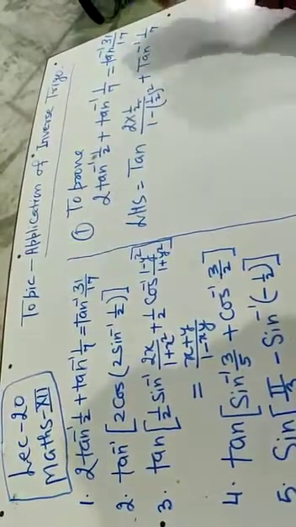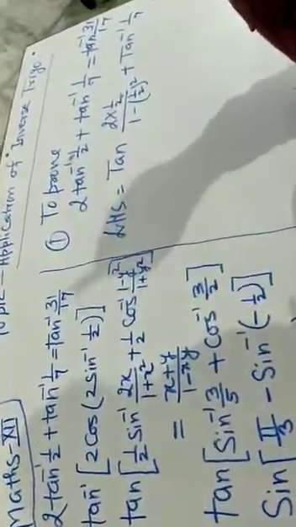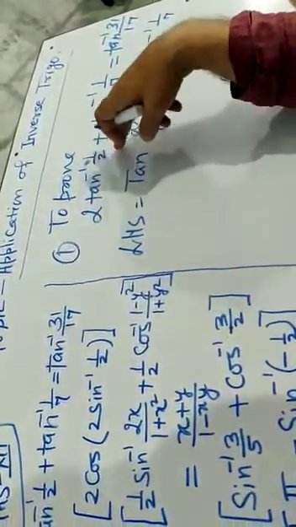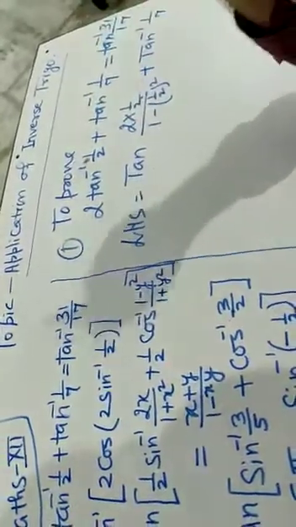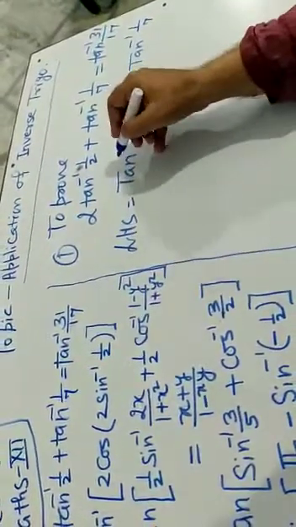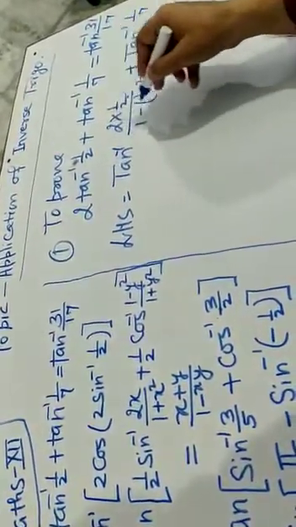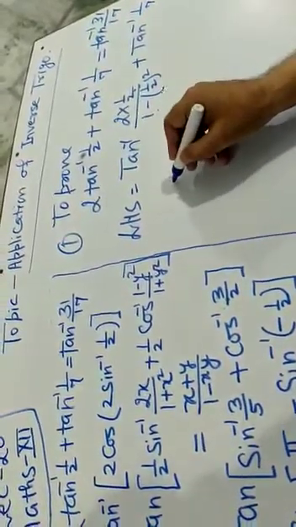Keep tan inverse 1 by 7 in its simple form. You only have to break 2 tan inverse 1 by 2 using the form 2 tan inverse x equals tan inverse 2x by 1 minus x squared.